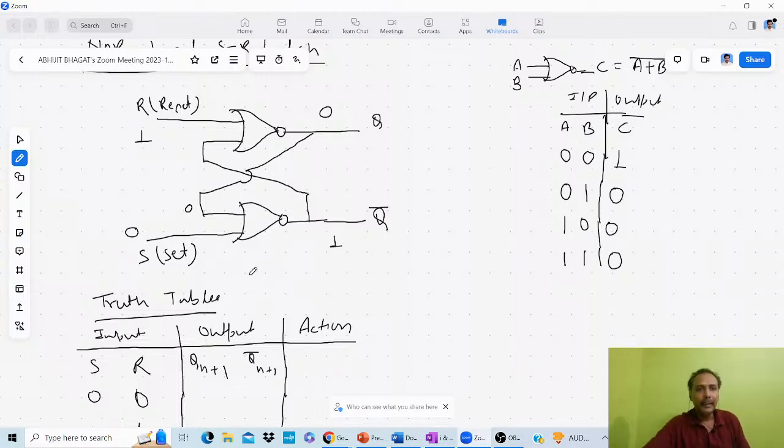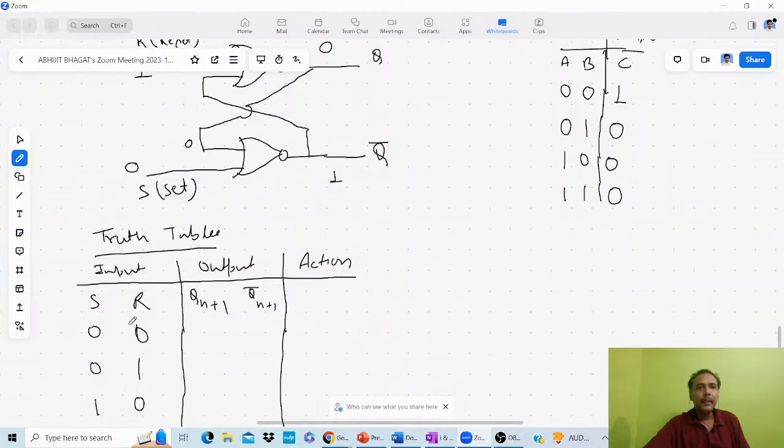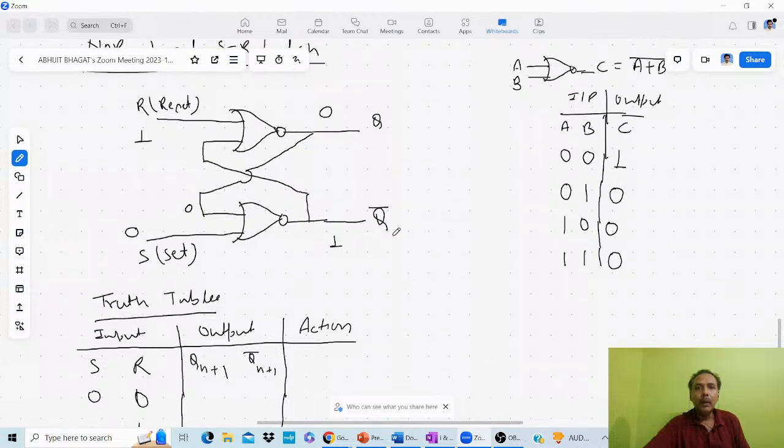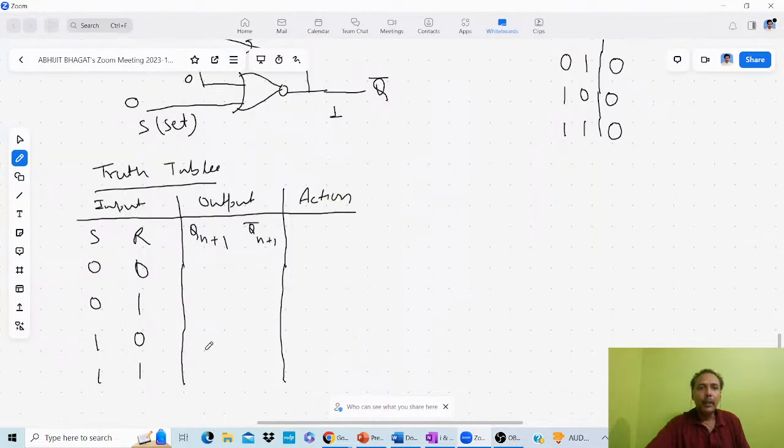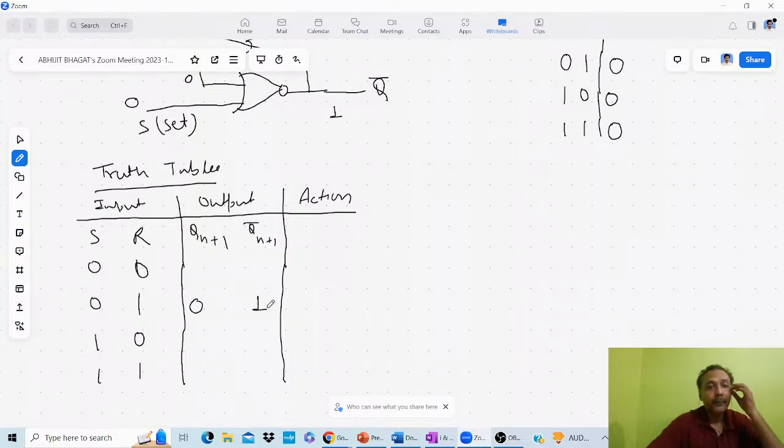I hope it is clear. So when you supply 0 1, your Q will be 0 and Q bar will be 1. Okay, I hope it is clear.